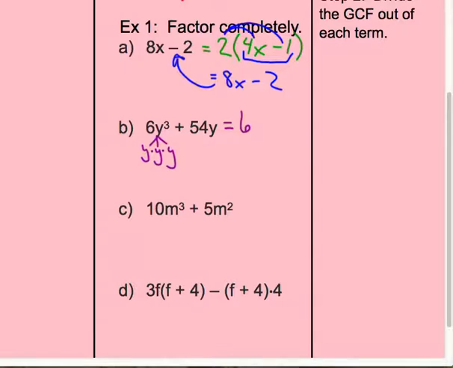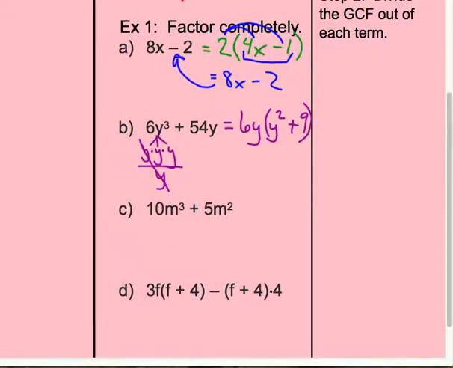So if I think about factoring it out that way, the two terms have one y in common, because my second term only has one y sitting on it. Dividing 6y out of each term, 6 divided by 6 is 1, y cubed divided by y cancels one of the y's I have sitting there, so I have y squared left, plus 54 divided by 6 is 9, and y divided by y cancels.